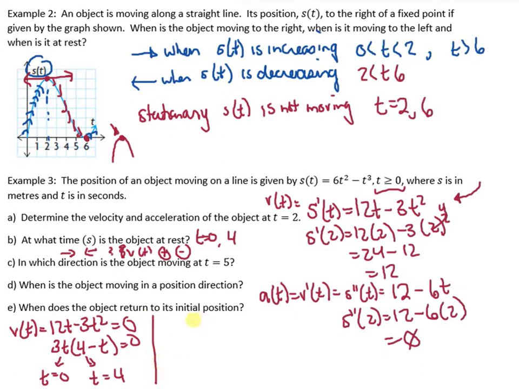So let's take the velocity: s prime at 5 equals 12 times 5 minus 3 times 5 squared. 5 squared is 25, times 3 is 75, and 12 times 5 is 60. We get negative 15. So it is moving to the left because negative 15 is a negative number. Let's continue this on the next page.